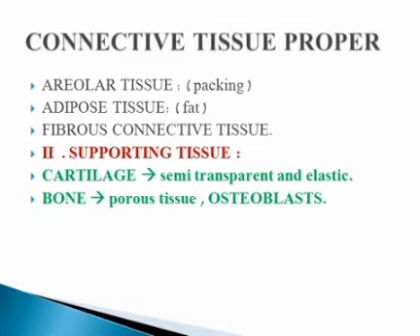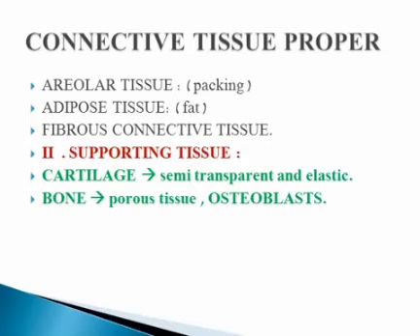As I said in the characteristics of connective tissue, the intercellular substance is called matrix. So cartilages are non-porous and have a thickened matrix, and they have no blood vessels or nerves. Cartilages are not connected with any type of blood vessels or nerves, and they are semi-transparent and elastic in nature.